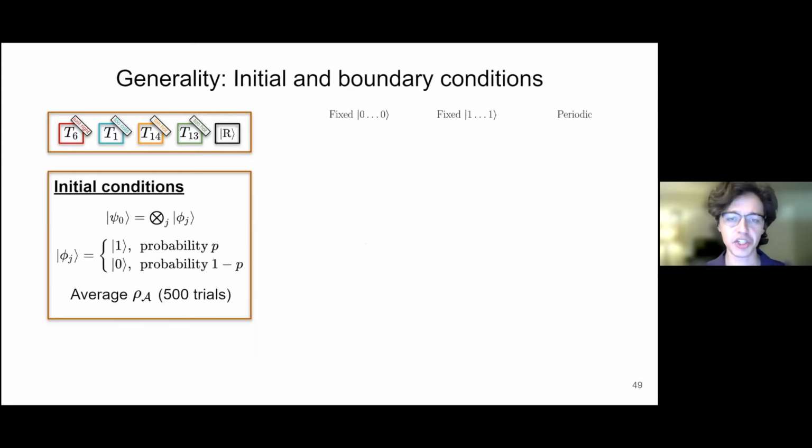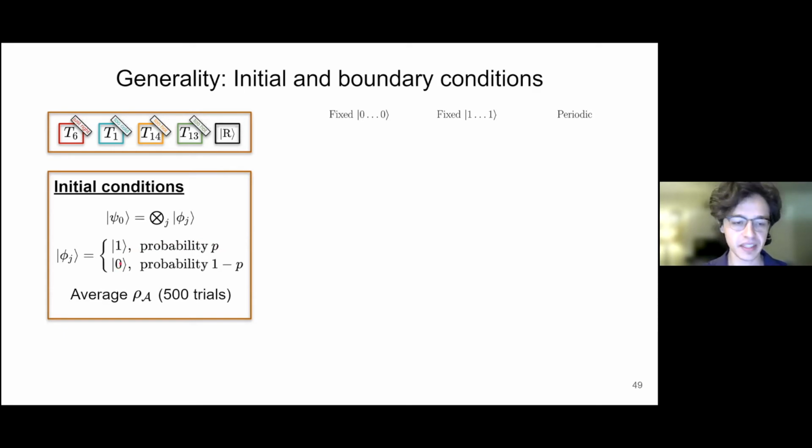Another generalization we can take a look at is initial and boundary conditions. So we'll look at boundaries fixed to zeros, as we already have, fixed to ones, or periodic boundary conditions. As for an initial condition, we'll consider product states of ones and zeros, where a 1 is selected for each qubit with probability p, and otherwise the qubit is set to 0.